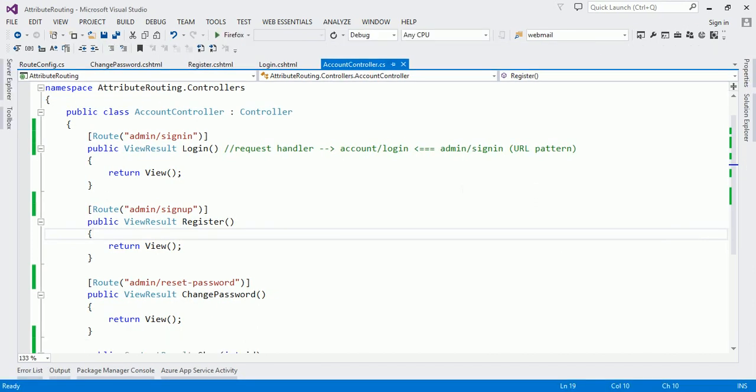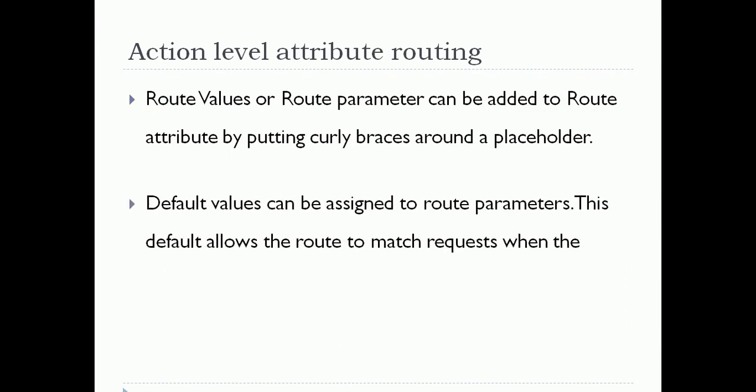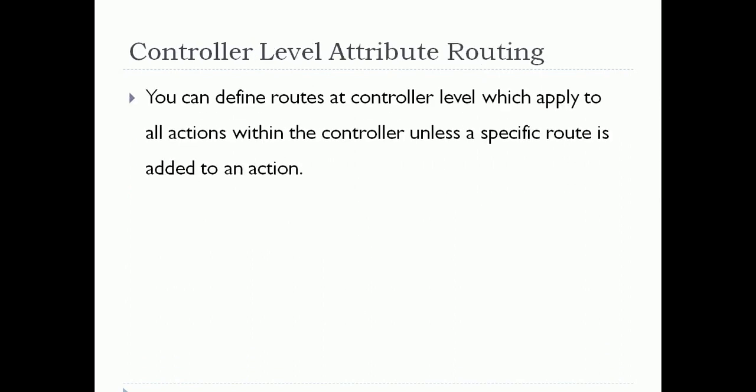Now whenever we want to define a route at controller level, let us see what to do for it. I'm switching to the PowerPoint presentation. We'll see the part related to route values and route parameters later. So for controller level attribute routing, you will define the common things at controller level.